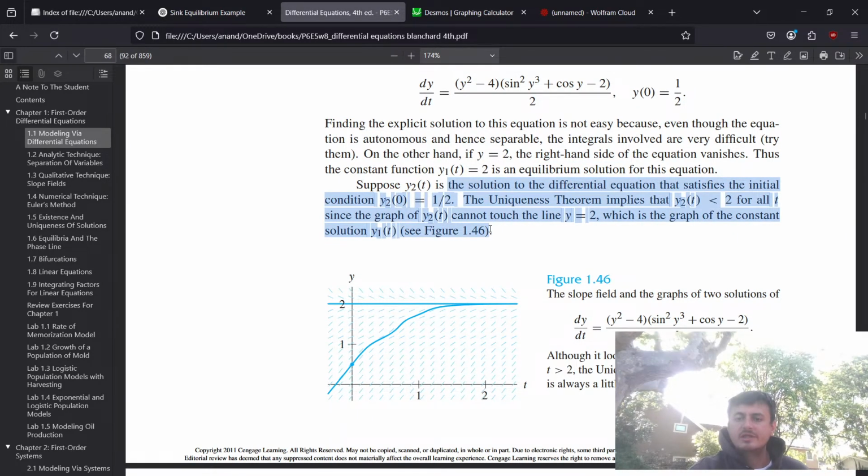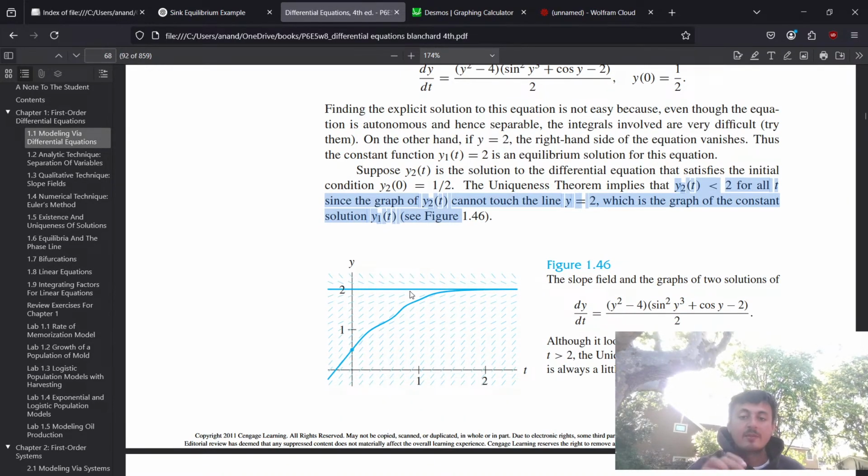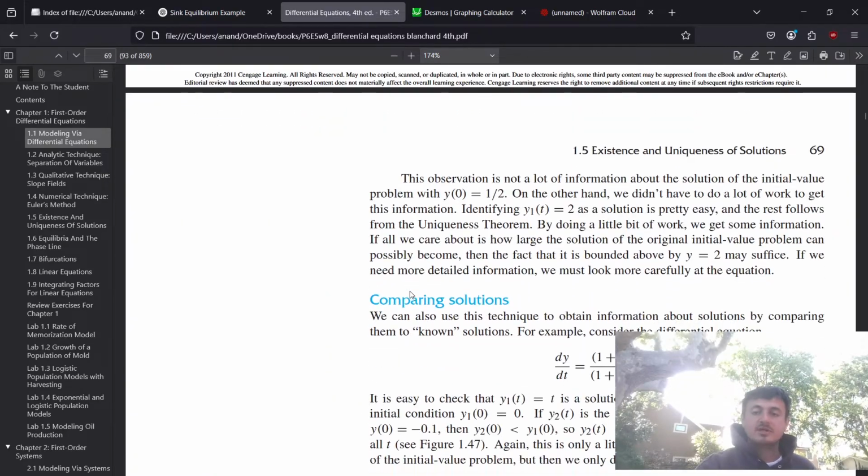Suppose y2 satisfies this. The uniqueness theorem implies that y2 of t is less than 2 for all t, because it can't touch y of 2, because otherwise they'd be in the same place at the same time, which would mean they'd be the same, but they're not the same, so they never touch. That's what that's about.